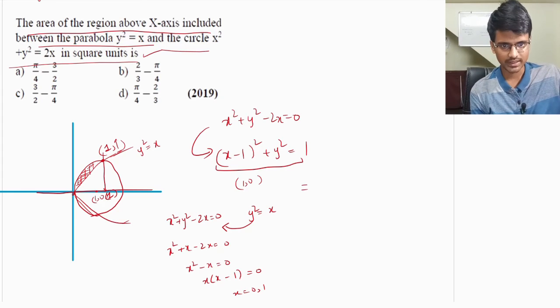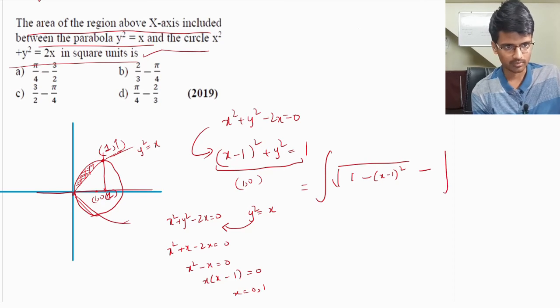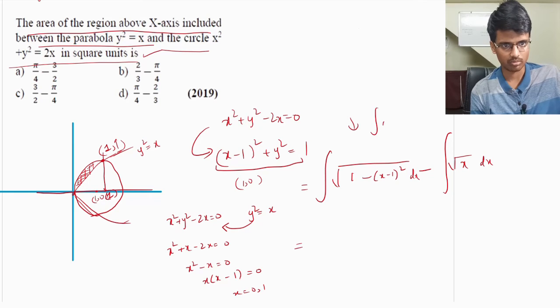So first I'll take the circle. The circle is nothing but root of 1 minus x minus 1 whole square, minus the parabola, right? Parabola is root x, root x dx. Okay, so what is this? This is in the form of root of a square minus x square, right?